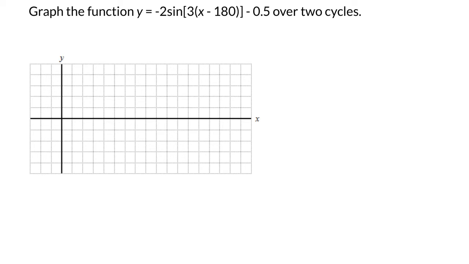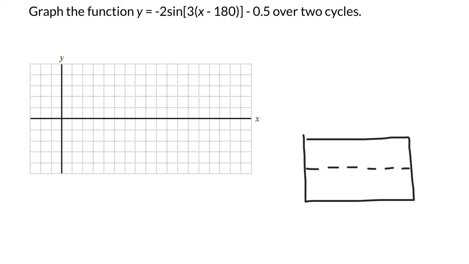For this function, you can see there are a lot of transformations being applied. I start by drawing my box, and I take note of the last number in the equation, my c value. It's negative 0.5. So that means I'm shifting my whole function down by 0.5. That means my central axis is at negative 0.5.